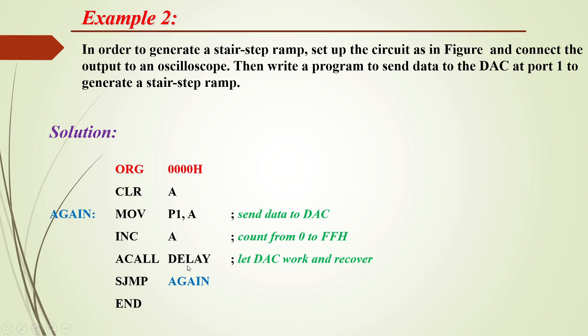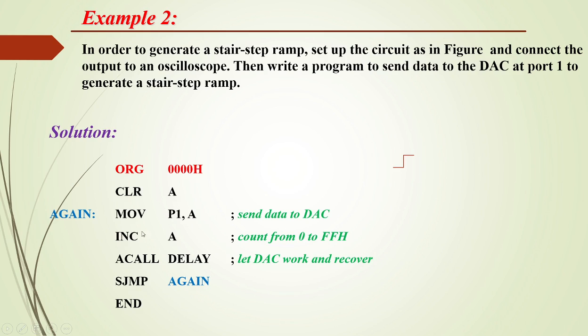And ACALL delay. Let the DAC work and recover. So wait for some time, then jump again. It will jump to this location again, where the incremented value of accumulator is given to the DAC again. So this loop will be executed up to FFH. So it will generate the first step.